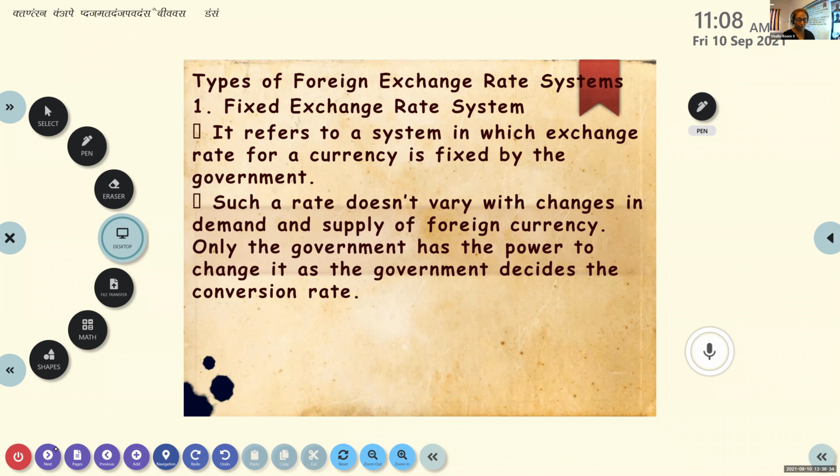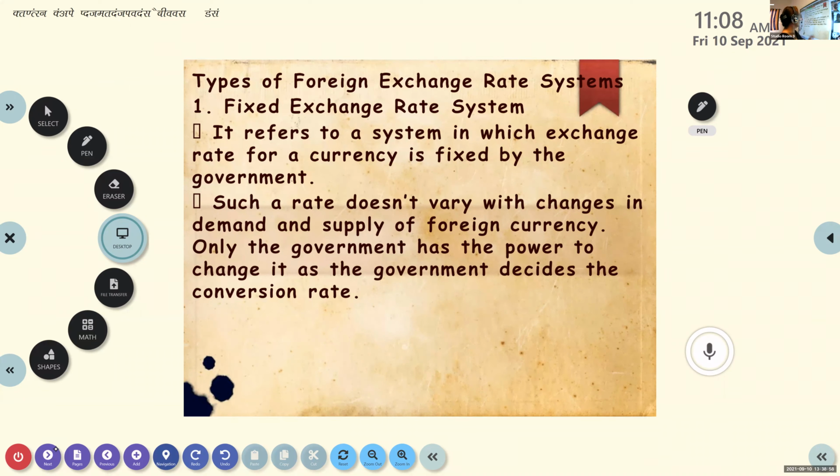It is also known as flexible exchange rate, or it has one more name, that is floating exchange rate. So it is changing, or it is floating, or it changes all the time. That is why we call it a flexible exchange rate or the floating exchange rate. Another one I told is the fixed exchange rate.